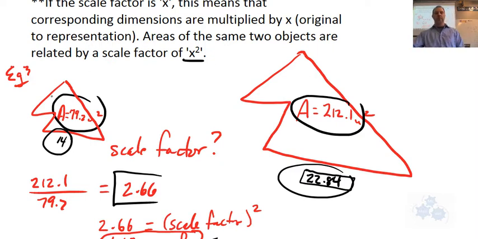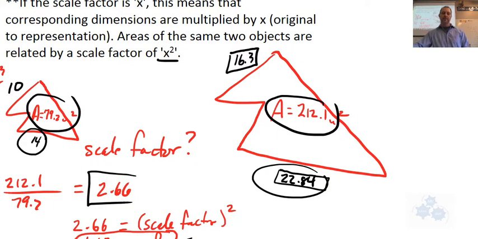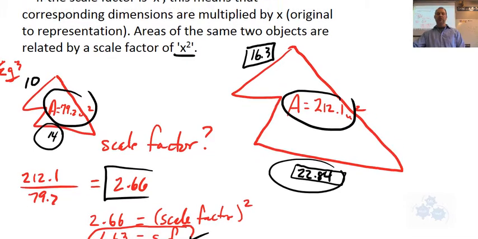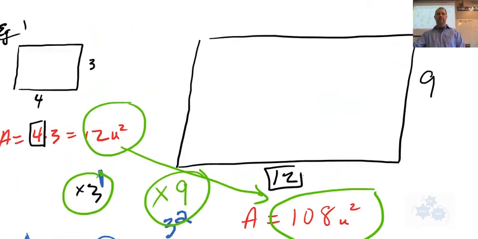Okay? So if this is 10, you shouldn't even need your calculator to find this right here. What's the length of this side then? 16.3. Multiply 10 times the scale factor. Just move the decimal over one spot. Okay? All right? Any questions at all about this section here?